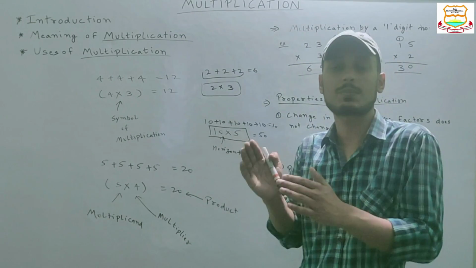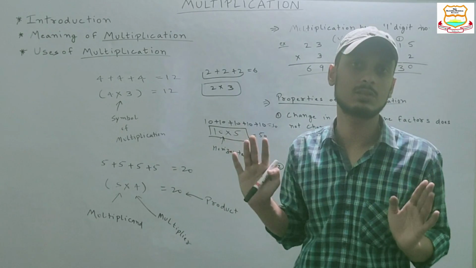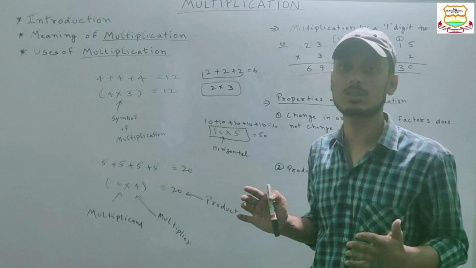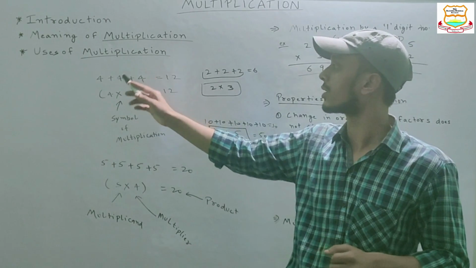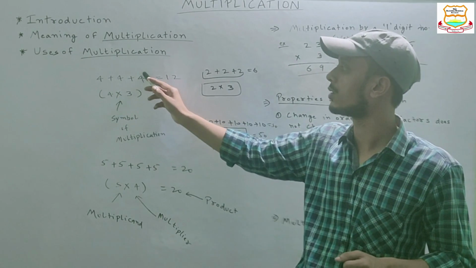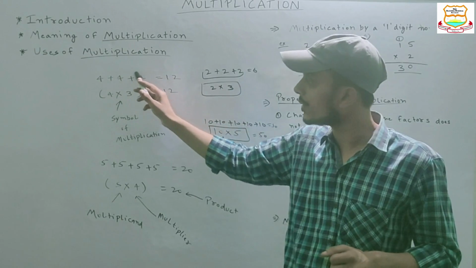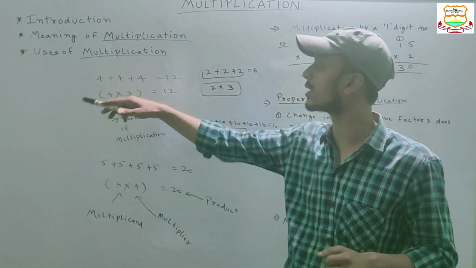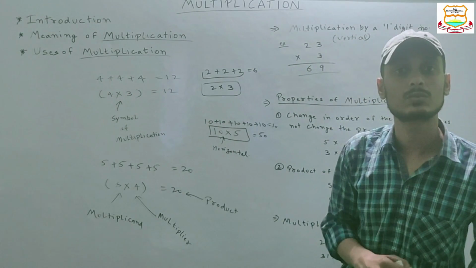It is a repeated addition. For example, 4 plus 4 plus 4 is an addition. We can write this in another form and this form is called multiplication form.